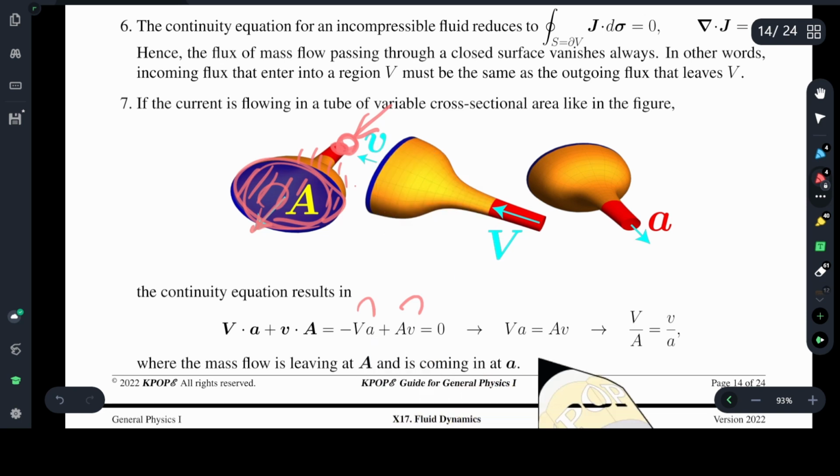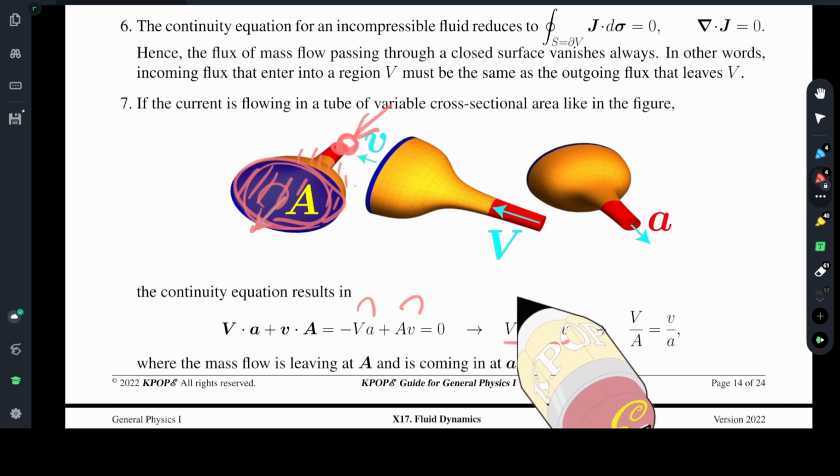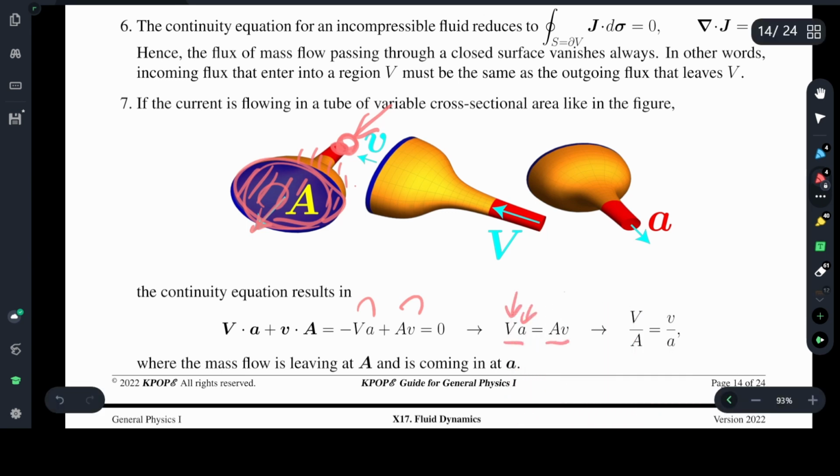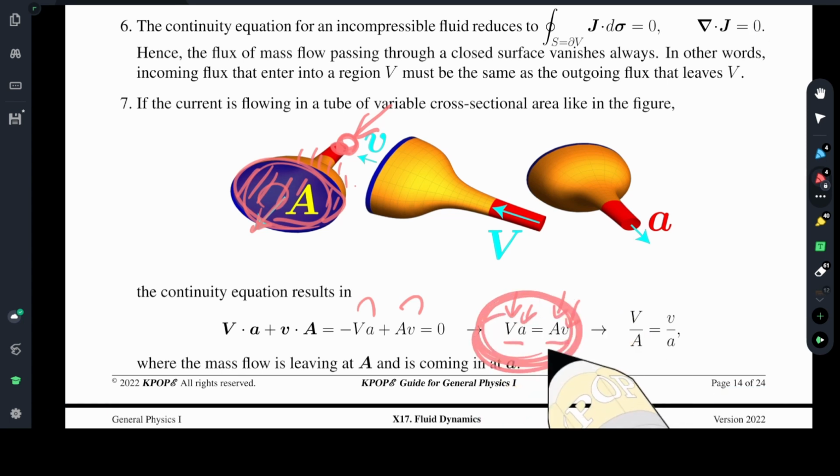So their product, VA and V prime A prime: large velocity with small area, large area with small velocity. This product is invariant. This is the consequence of the continuity equation for the incompressible fluid.